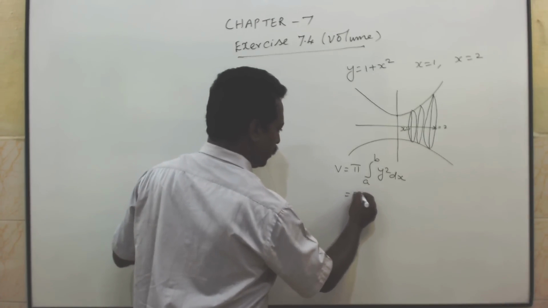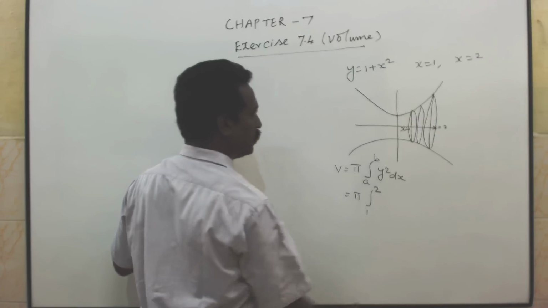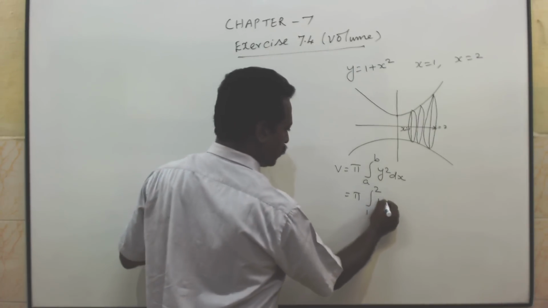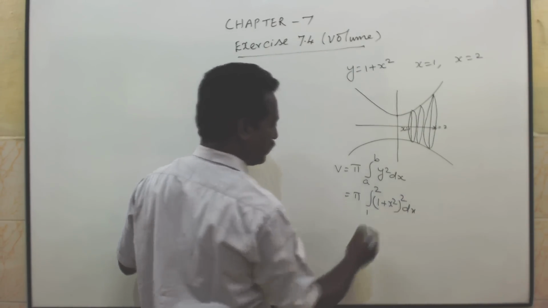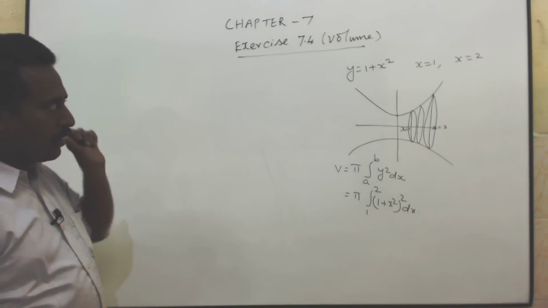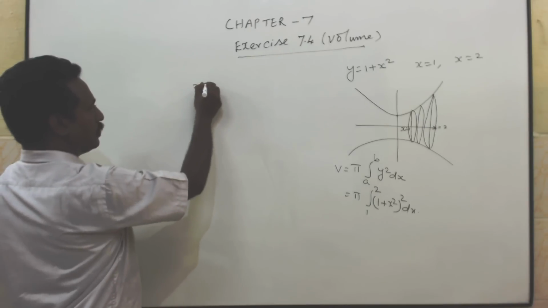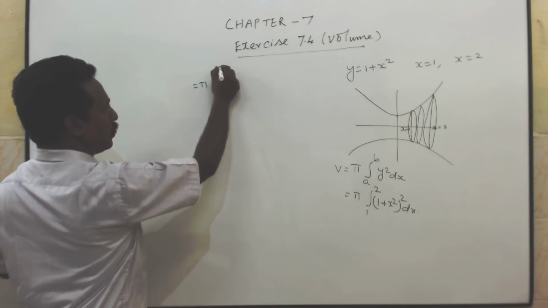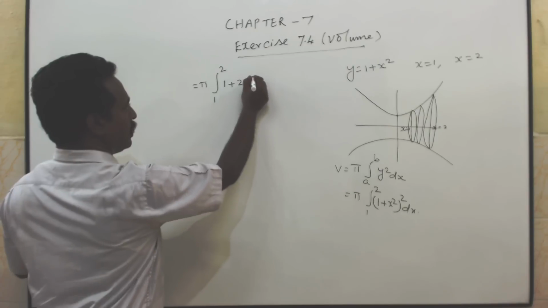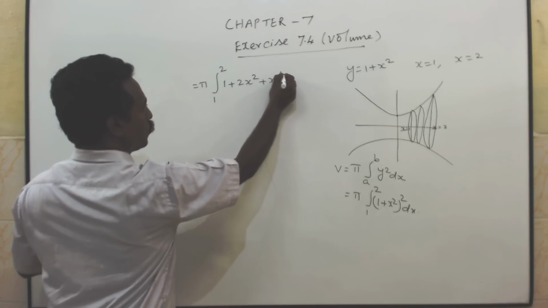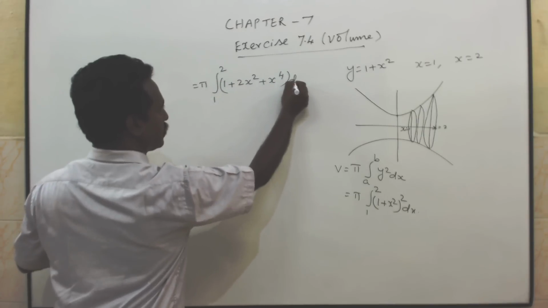Pi, limit 1 to 2, y square means 1 plus x square of whole square into dx. Pi, limit 1 to 2, 1 plus 2x square plus x power 4 into dx.